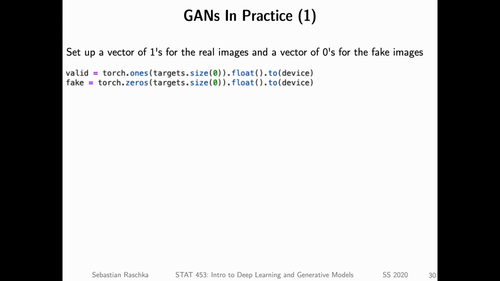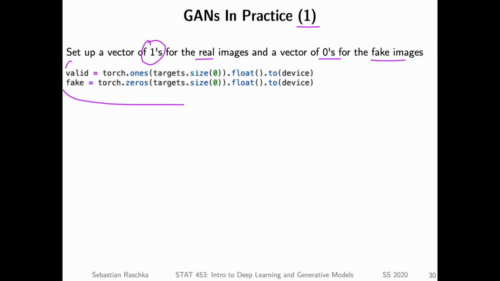So what we are doing in this first step is setting up the class label vectors that we are going to use. Here I'm talking about the class label vectors for the real and fake images. For the real images, we assign the class label 1. So every image tagged with a 1 is a real image. And we use zeros for representing fake images.